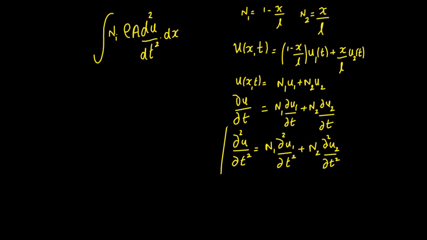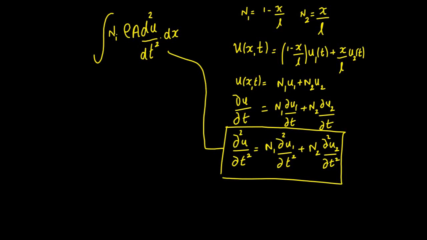All I have to do is take it and plug it here. Mathematics is just like moving objects. So before I do that, in order to make the mathematics even more conducive, dou squared u by dou t squared can be represented as N1 into u1 double dot, which means I'm differentiating u1 with respect to time 2 times, plus N2 into u2 double dot.